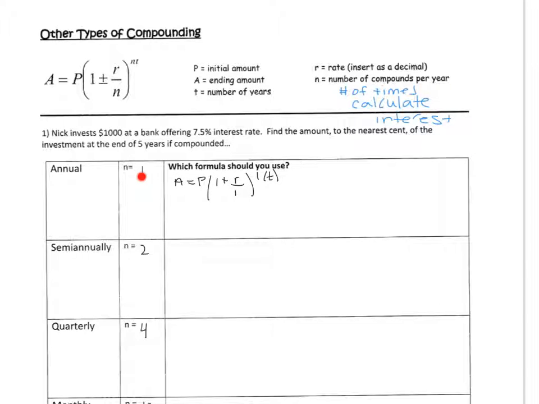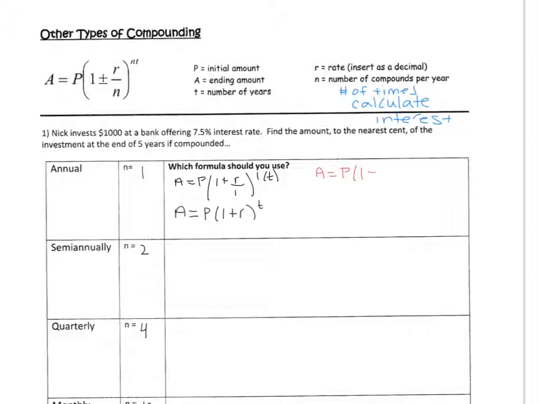All I did was plug in 1 to this formula here and here. So what happens here when I do R divided by 1? That's nothing but R. So 1 plus R. And then 1 times T is T. So this formula here you can use all the time, but this is how we derive that annual formula that we just did before. So let's find out how much Nick made.